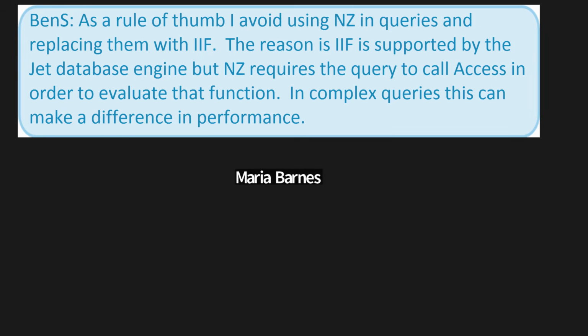His reasoning is that IIF is supported by the JET database engine, and NZ is not. It makes a query out to Access to call the function, and in more complex queries, that can make a big difference in performance. So it's definitely something to keep in mind.